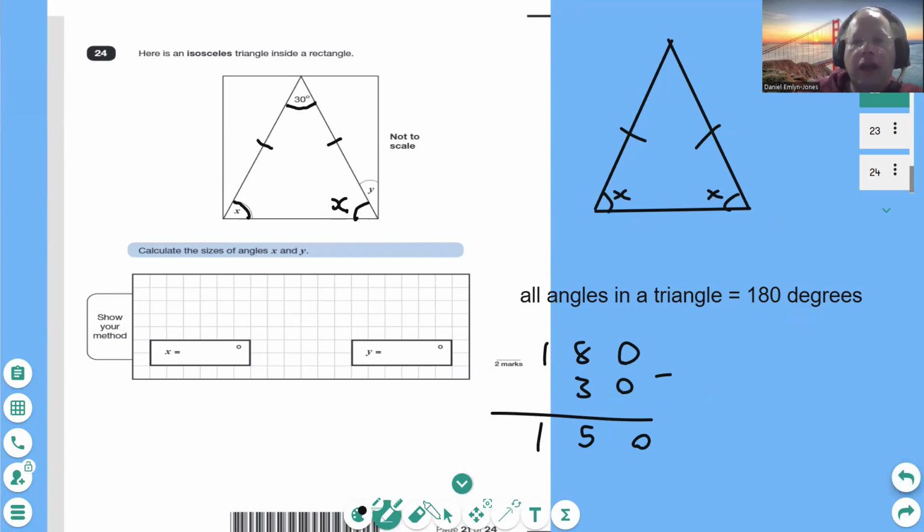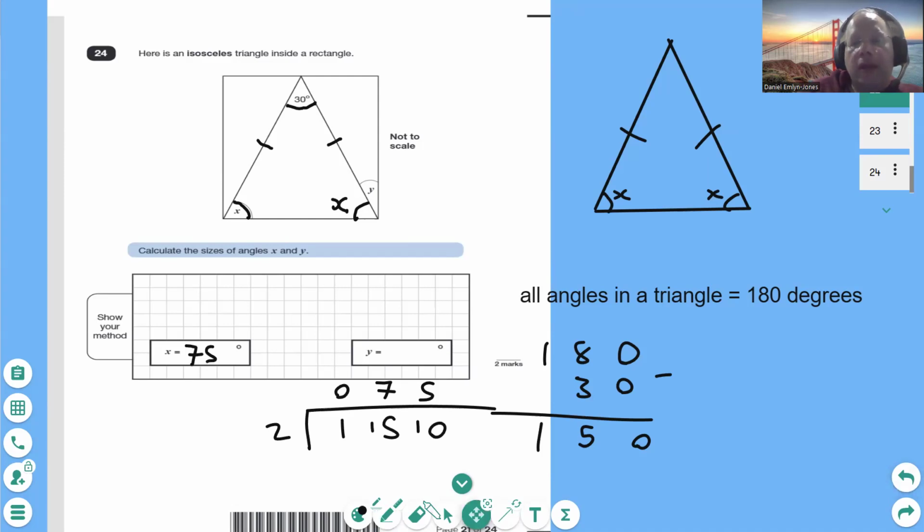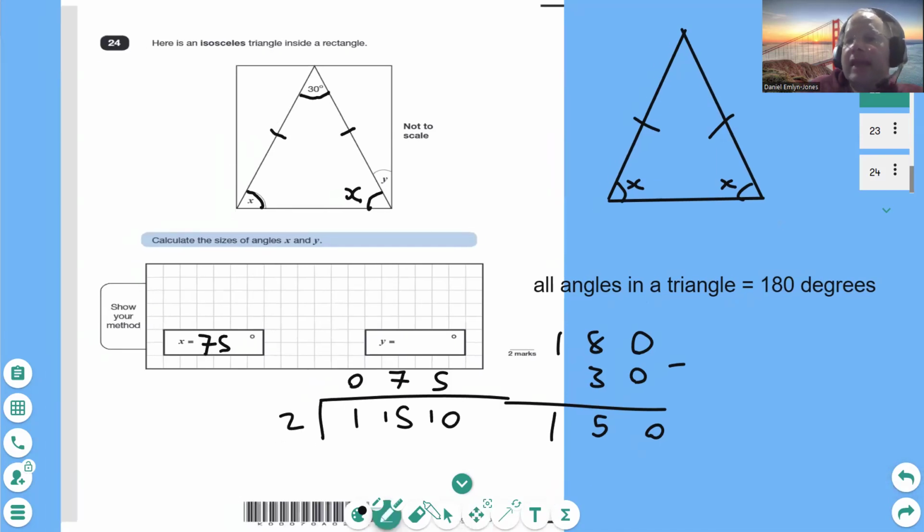Then we've got to divide 150 by 2 to get x. 75 degrees, of course. So x is 75 degrees, using the fact that all angles in a triangle equal 180 degrees, and in an isosceles triangle, the 2 angles and the 2 sides are the same.